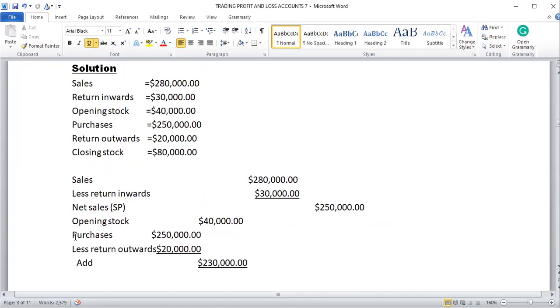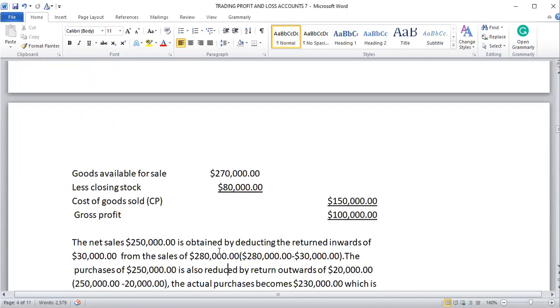Opening stock $40,000, we have it here. Purchases $250,000, returns outwards $20,000. $250,000 minus $20,000, we get $230,000. We add it to our opening stock so that we get $270,000.